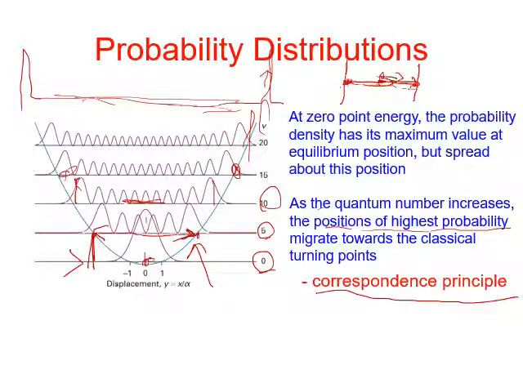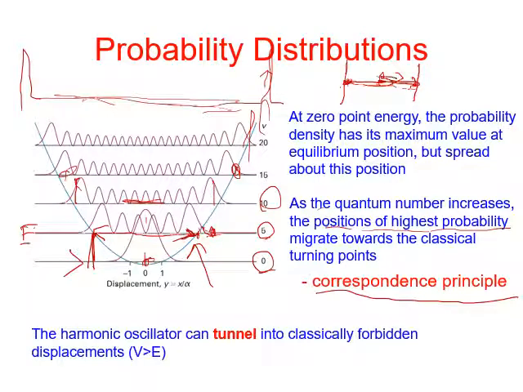But in quantum mechanics, at this energy level, the wave function actually passes past this turning point to here. The harmonic oscillator can tunnel into classically forbidden displacement.